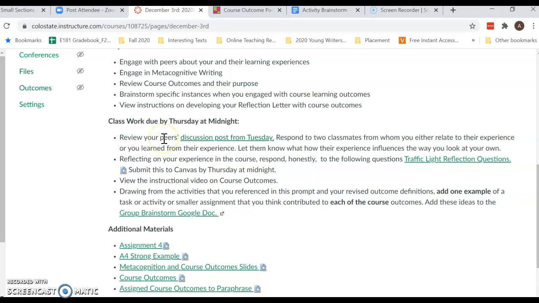You'll want to start, if you haven't already, by reviewing your peers' discussion post from Tuesday. So maybe taking a minute, just reading through a few, and then respond to two classmates from whom you either relate to their experience or you learned from their experience. Let them know how their experience influences the way you look at your own.